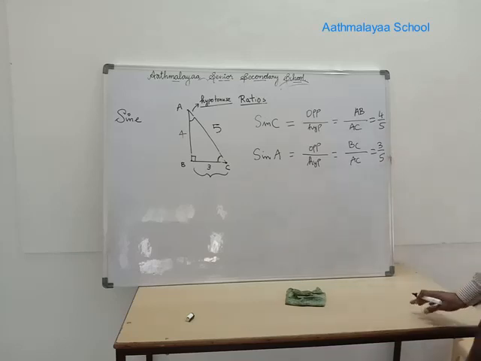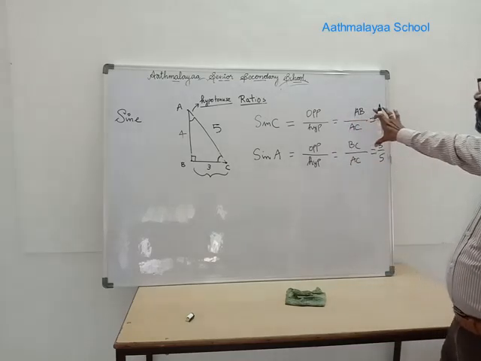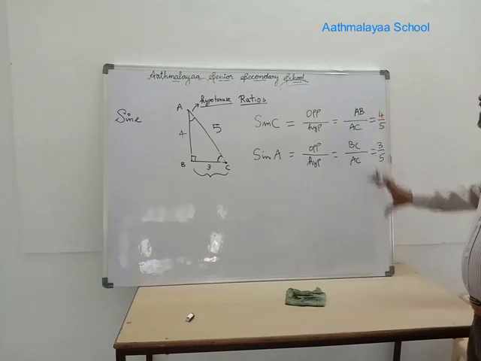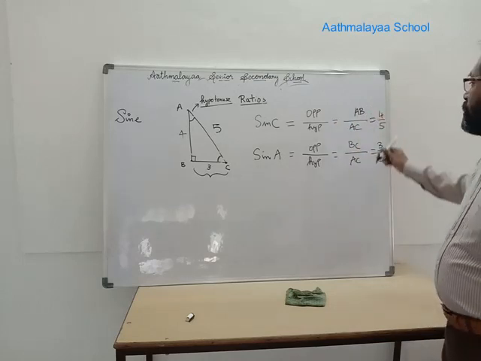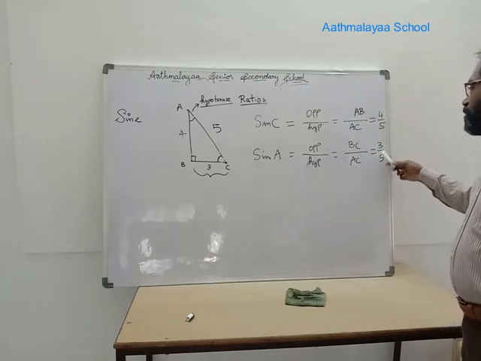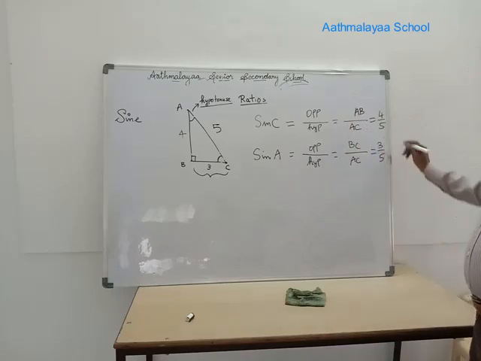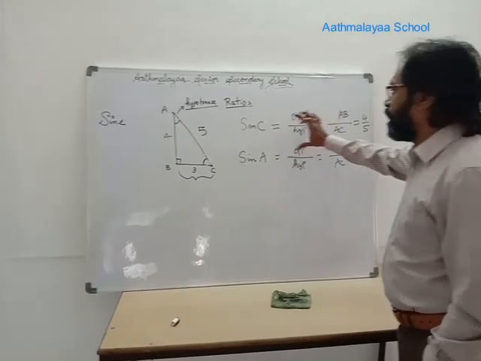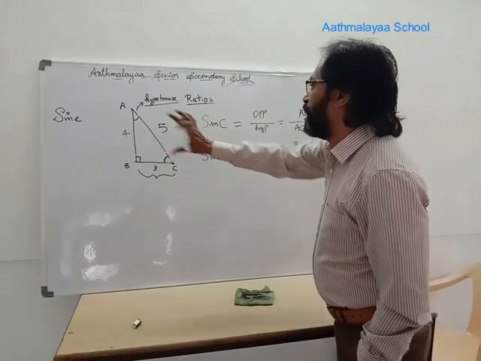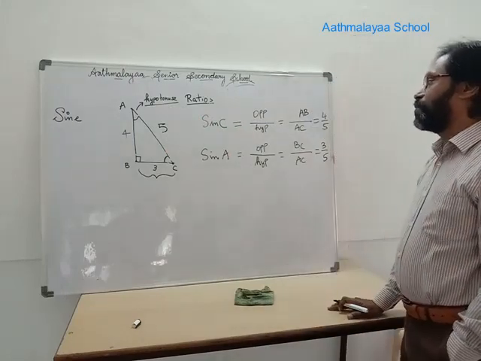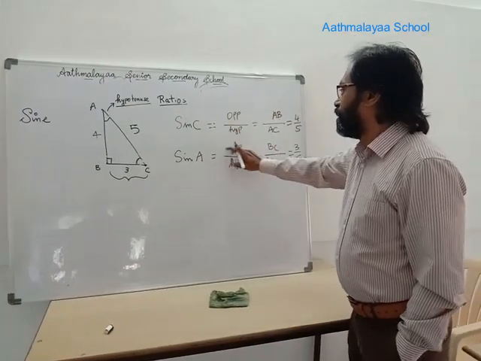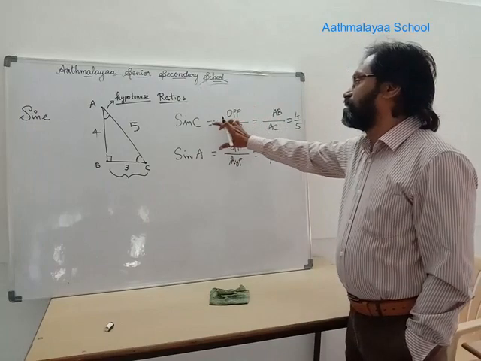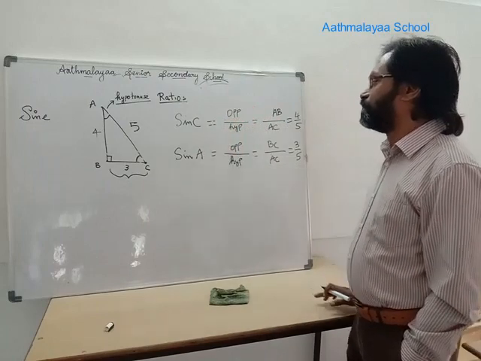As I said earlier, we are first going to discuss two ratios which are lesser than 1, and those are 4 by 5 and 3 by 5 that we have seen earlier. In these two ratios, I have defined the sine taking the opposite by hypotenuse form, which is sine C and sine A.